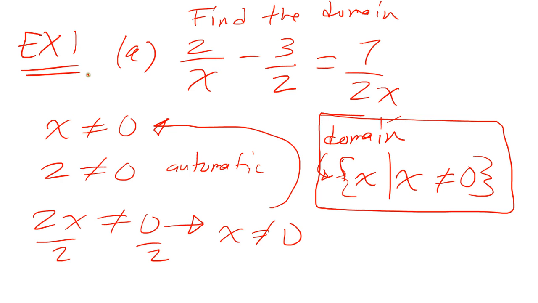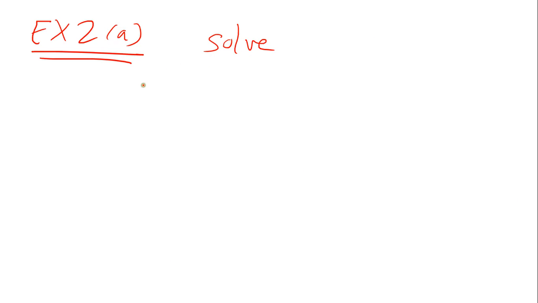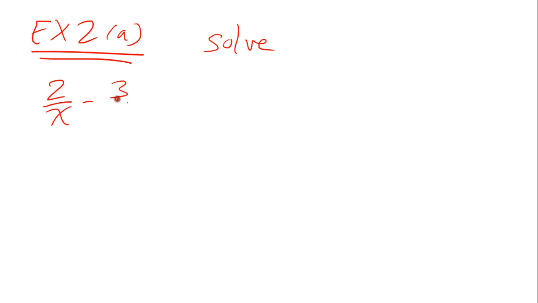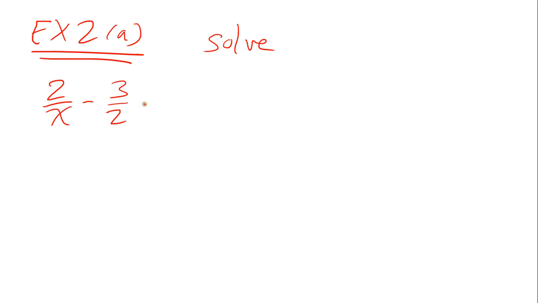So basically we're solving this problem: 2 over x minus 3/2 equals 7 over 2x.